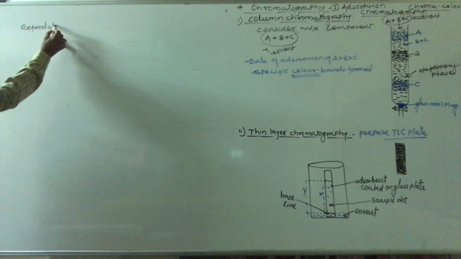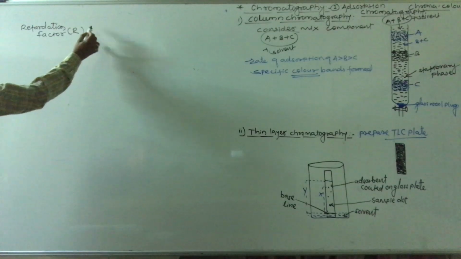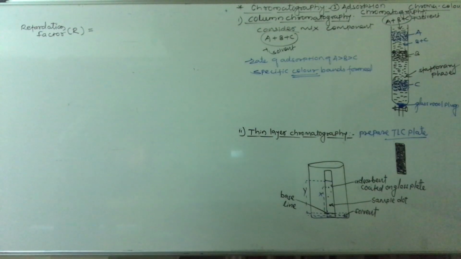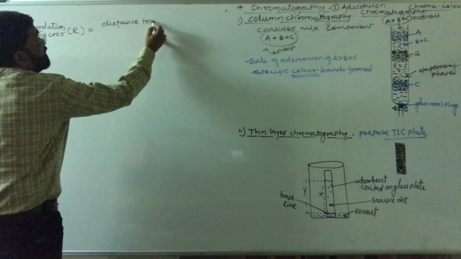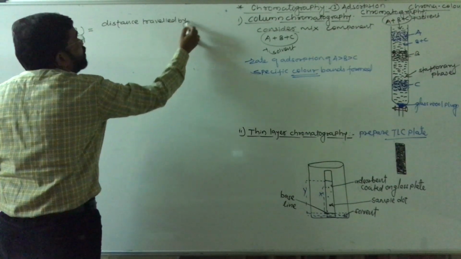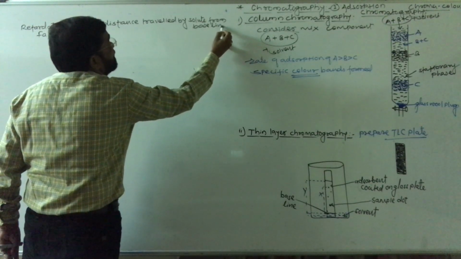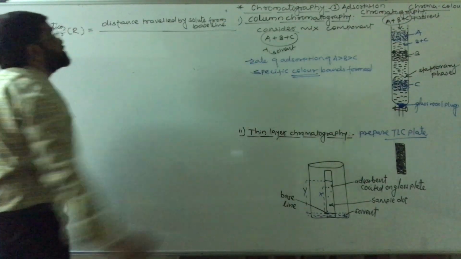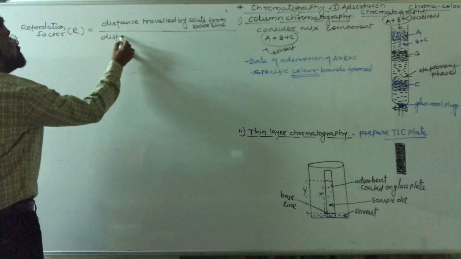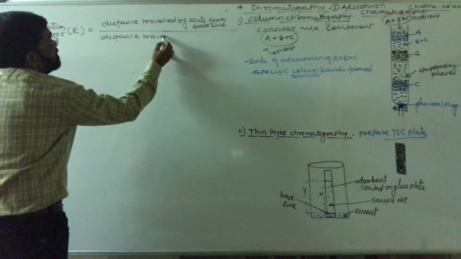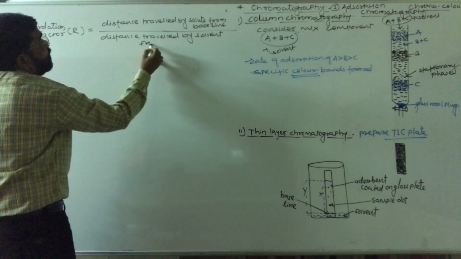retardation factor R is equal to distance traveled by the solute from the baseline divided by distance traveled by the solvent from baseline.